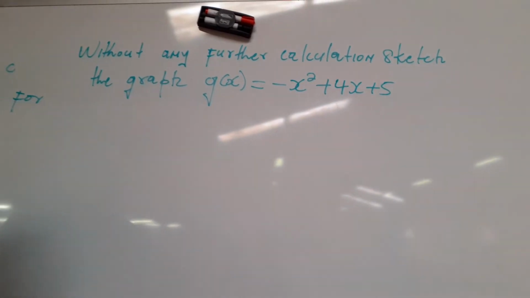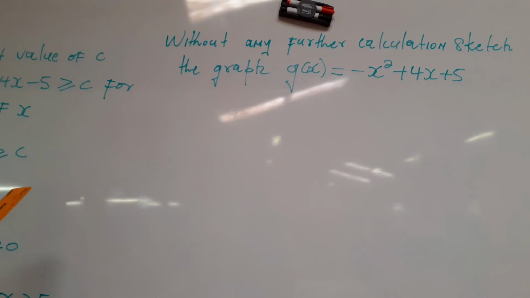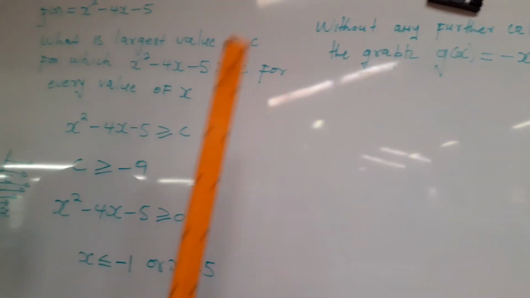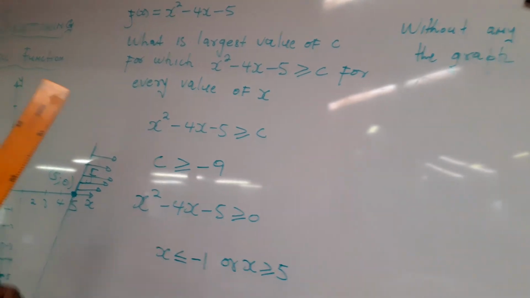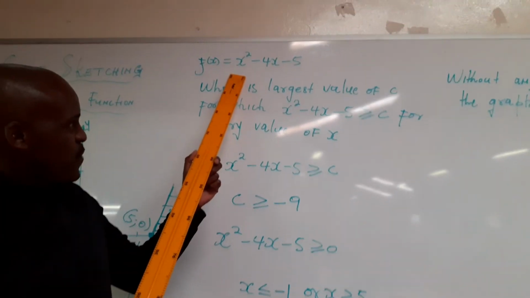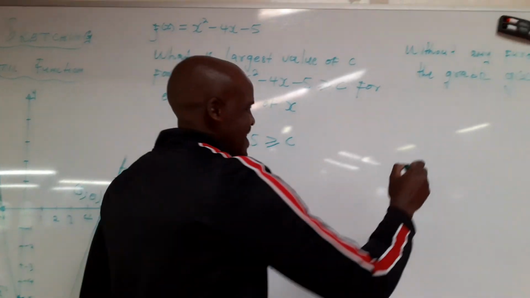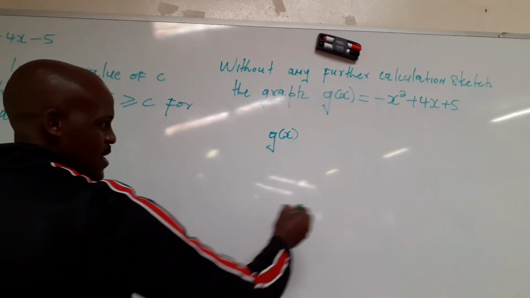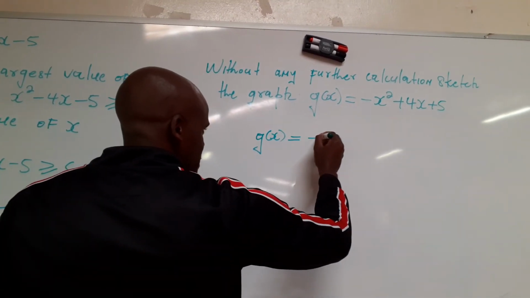Without any further calculations, sketch this graph. What happened when you look at the two functions? Looking at the two functions, g of x is formed by saying this.